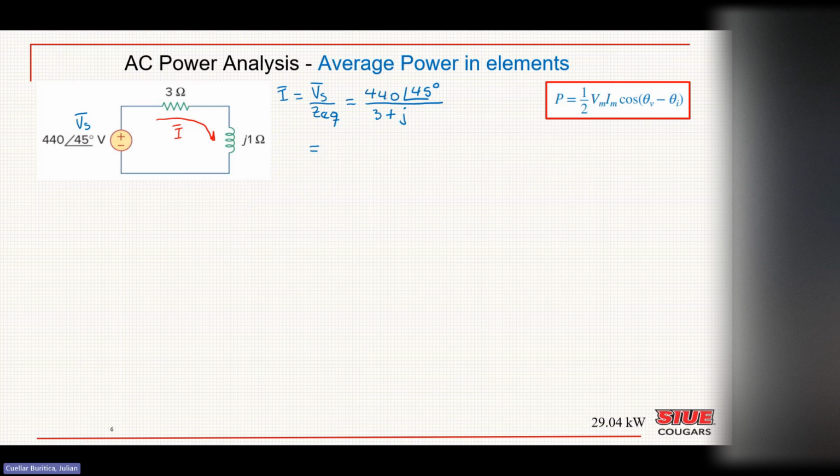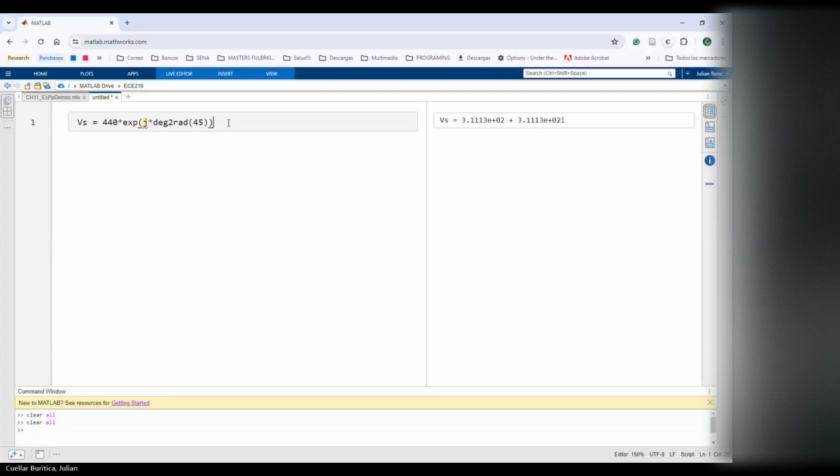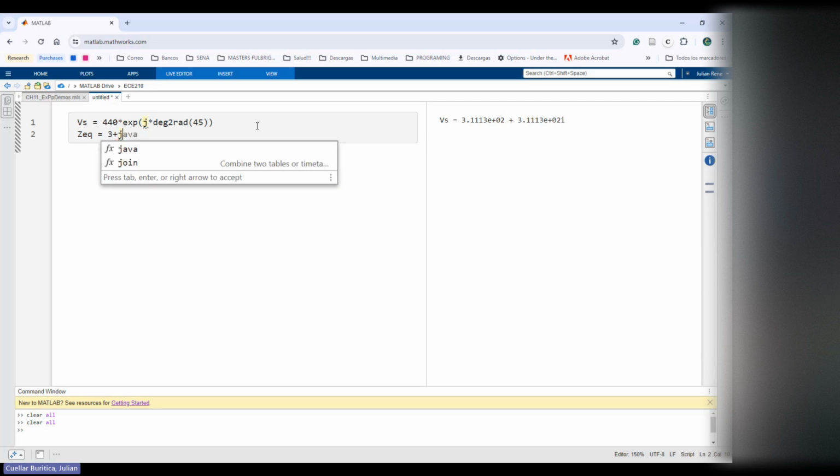Let me share my screen. Okay, this is the expression to get the voltage, VS, 40 times e to the j times degree to radian 45. Now we have our Z equivalent that is equal to 3 plus j.